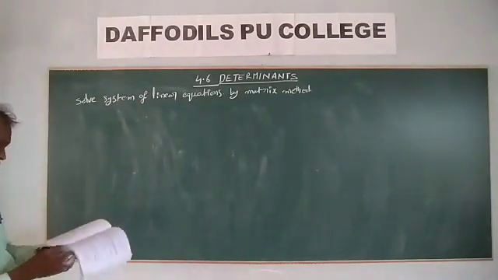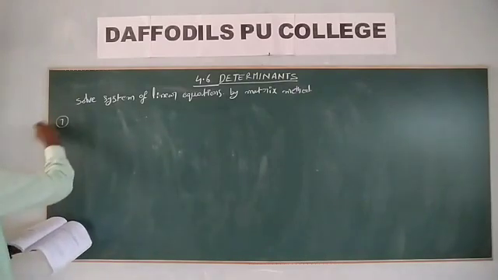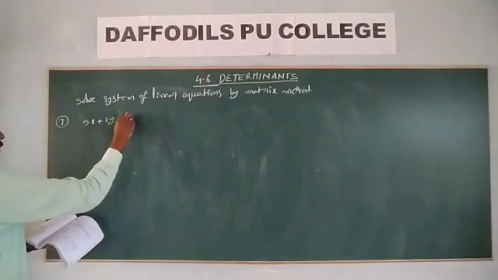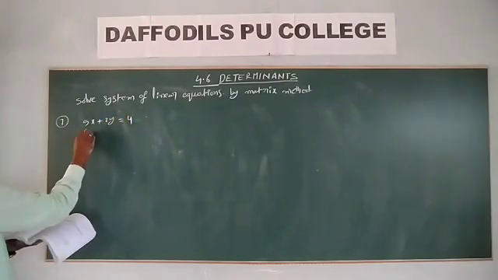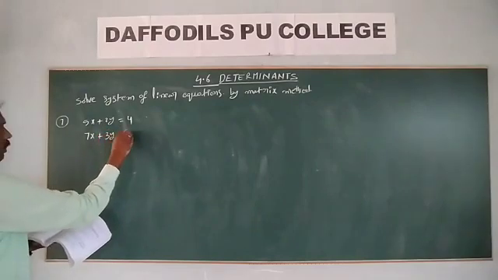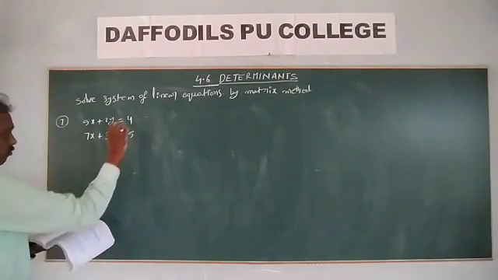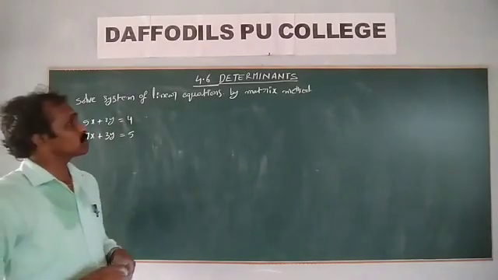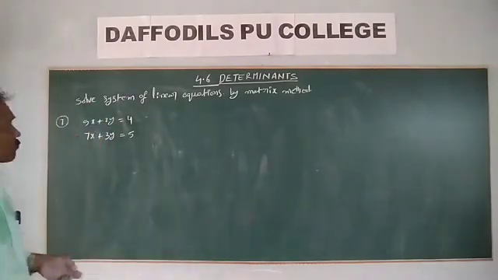Next problem, problem number 7: 5x plus 2y is equal to 4, 7x plus 3y is equal to 5. Here they ask to solve the system of linear equations.